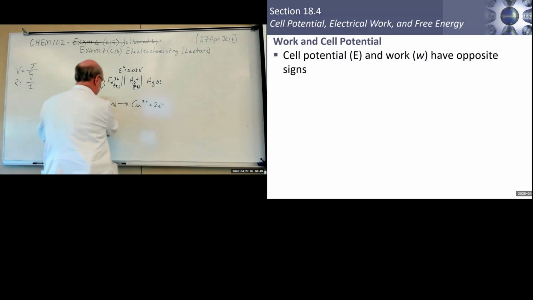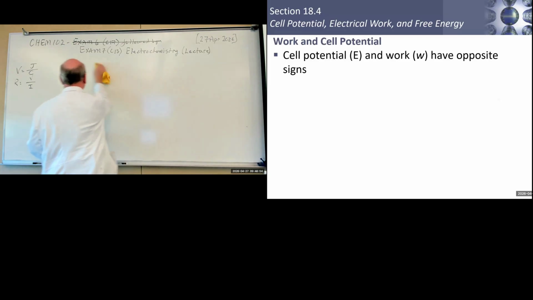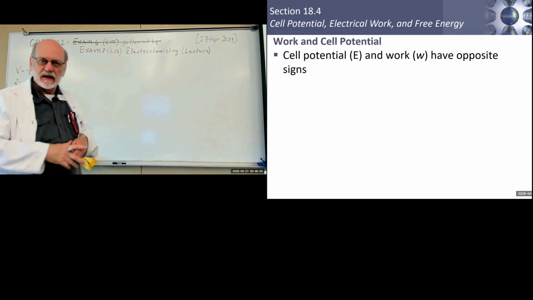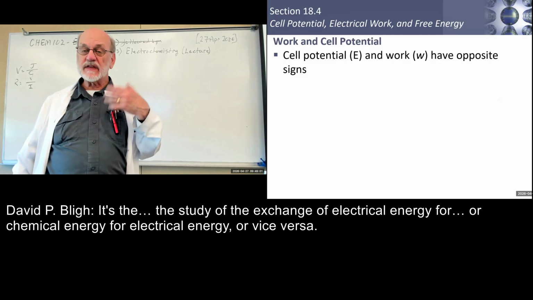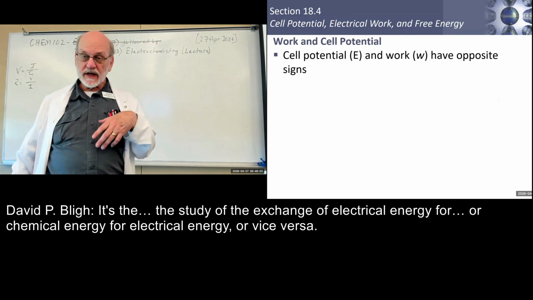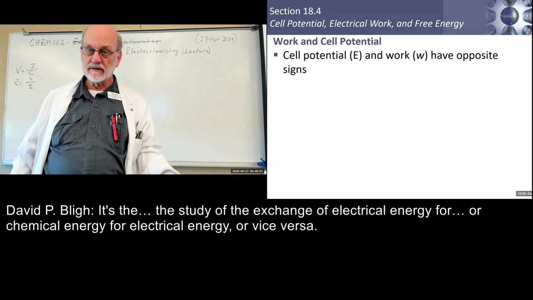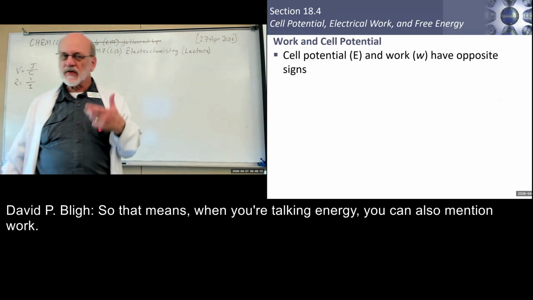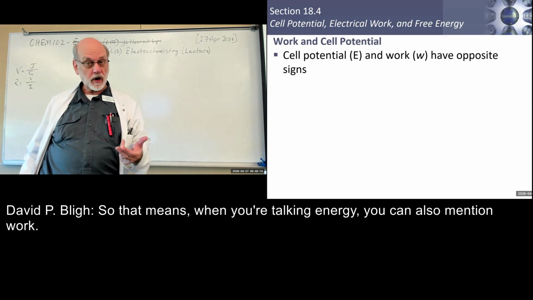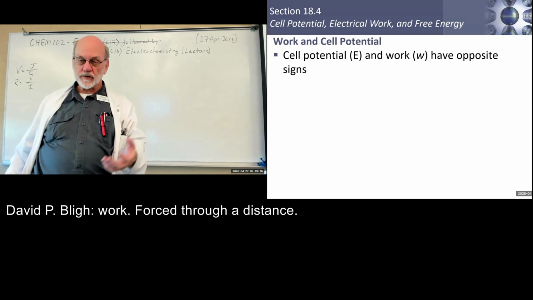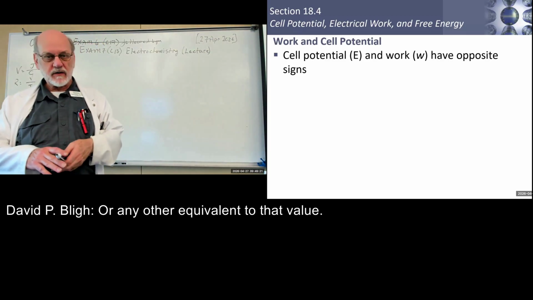All right. So we mentioned early, what is electrochemistry? It's the study of the exchange of electrical energy for chemical energy, or chemical energy for electrical energy, or vice versa. So that means when you're talking energy, you can also mention work. Right? Work, force through a distance, or any other equivalent to that value.